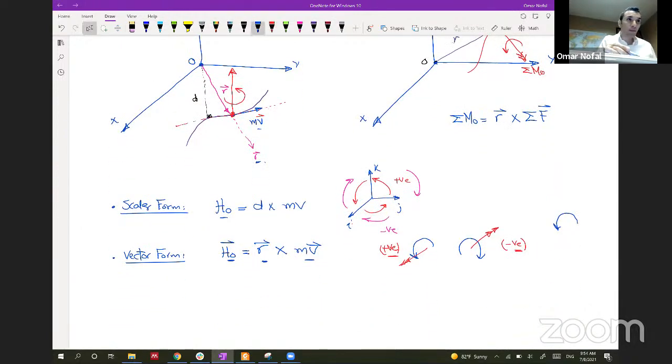Let's first analyze the sum of the moments about point O. As we just explained, let's write a header here: the relationship between the moment of a force and angular momentum.